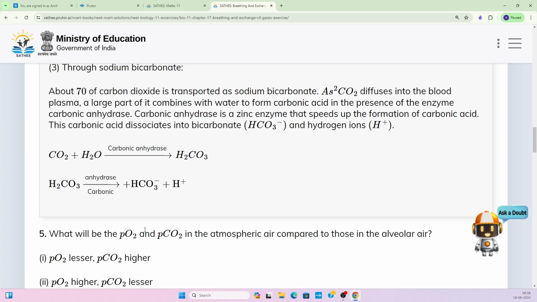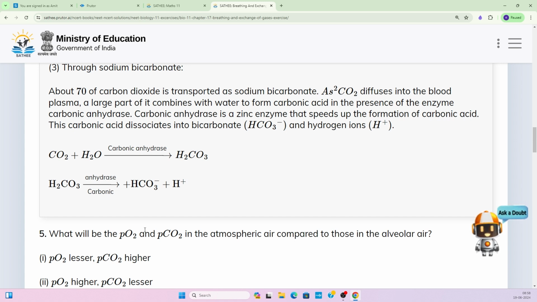Carbonic anhydrase is a zinc enzyme. Zinc enzyme means for its activity it requires the zinc element, and that speeds up the formation of carbonic acid. When the zinc is not present, this reaction still goes on, but at a very slow pace.